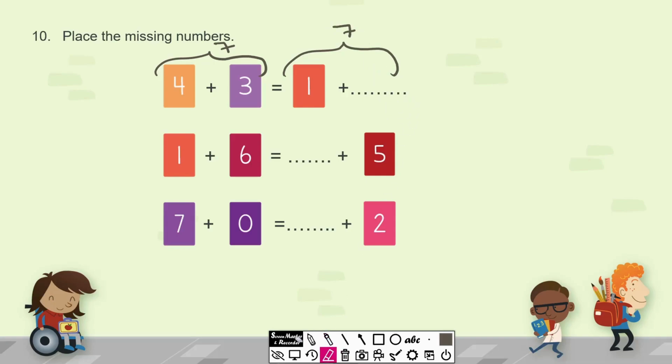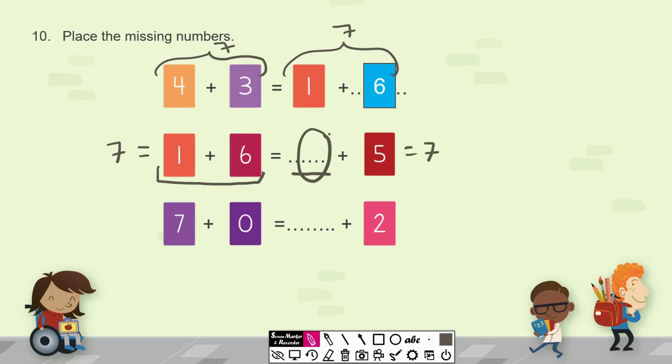So, let's check the answer. Yes. 1 plus 6 is equal to 7. Similarly, 1 plus 6 is equal to 7 here. So, we'll write what here? 2, add it to 5 and make it 7. So, tell me the correct answer. What plus 5 is equal to 7? 2 plus 5 is equal to 7.